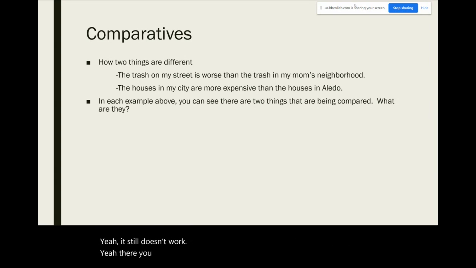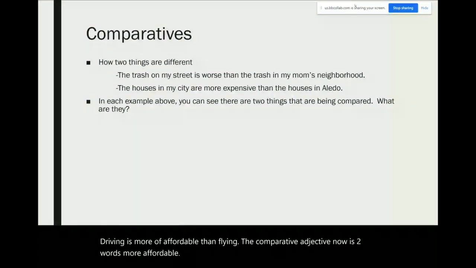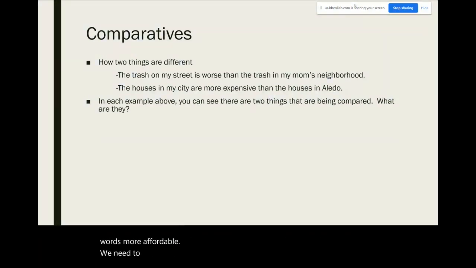So look in the orange box again. Do you see the third example? Driving is more affordable than flying. The comparative adjective now is two words, more affordable. We need to have both of those because the more is a comparative part, just like ER is a comparative part.